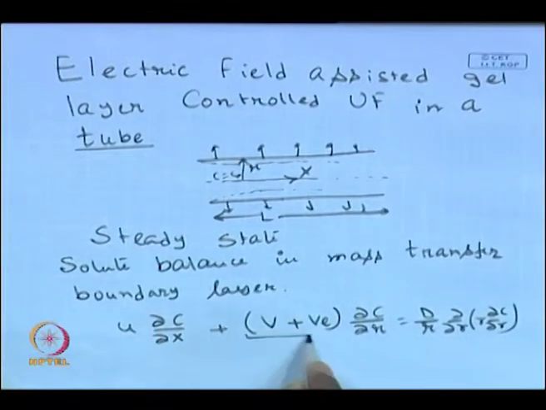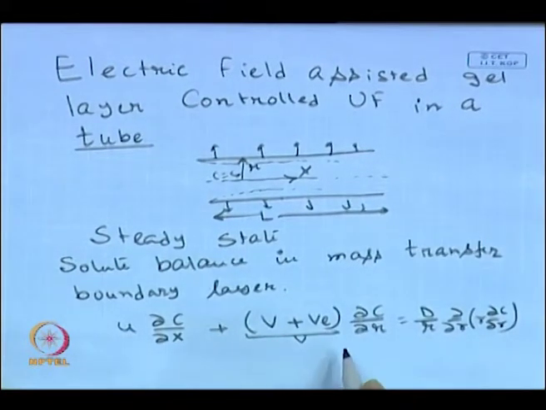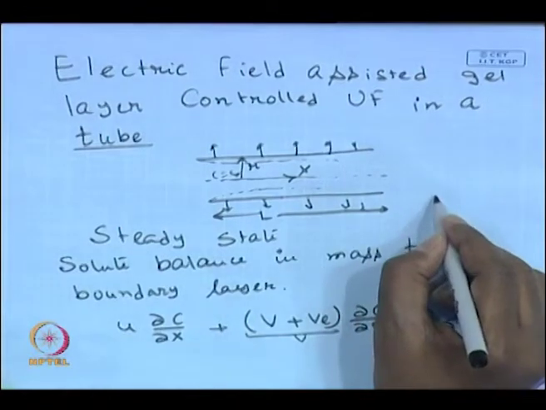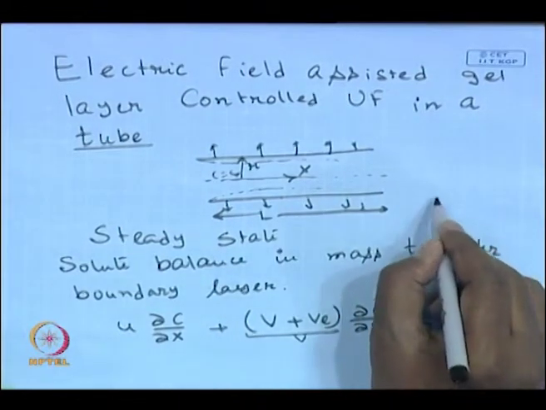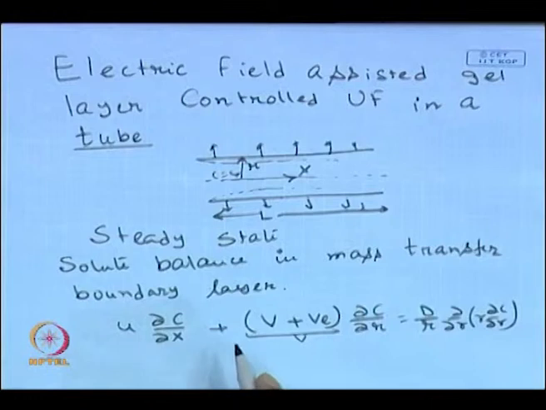What is this v? u and v are the velocity components respectively in the x and r directions. In this case, y direction is nothing but the r direction.